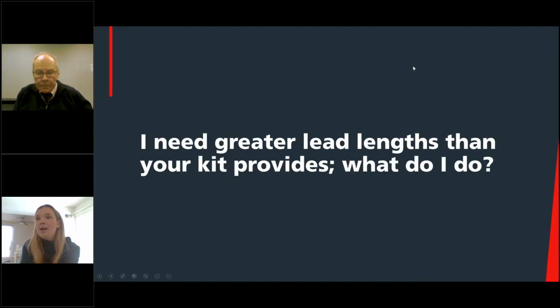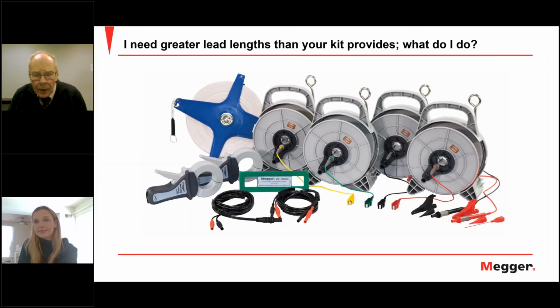Awesome. Okay, I need greater lead lengths than what your kit provides. What should I do? All right. In that case, here we are. We have these additional reels that you can very conveniently string together. And if you have a tester that is not made by us, that does not mean that you had to go somewhere else. You can use these just as well. It's just wire.